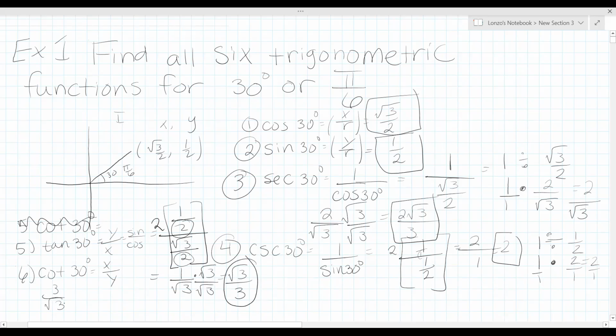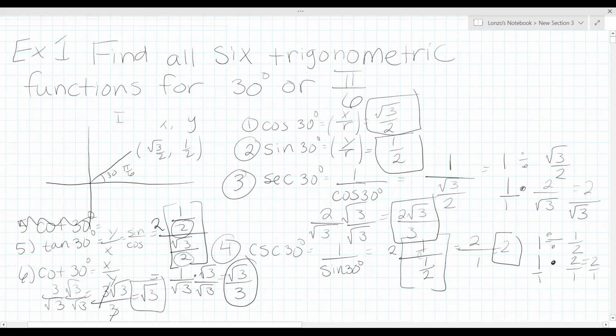And remember, you can't have a radical in the bottom. So you want to rationalize the denominator. So you're going to multiply top and bottom by radical 3. So this is going to be 3 times radical 3, that's 3 radical 3. And then radical 3 times radical 3 is just 3. And as you can see, the 3's disappear. So your final answer is square root of 3.